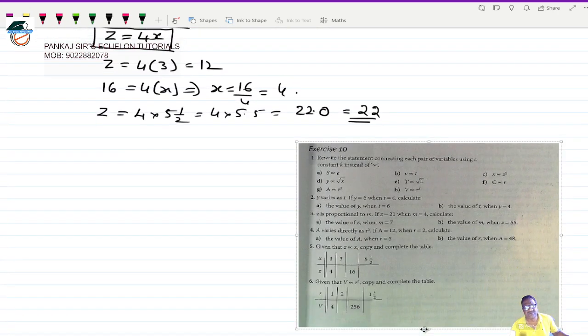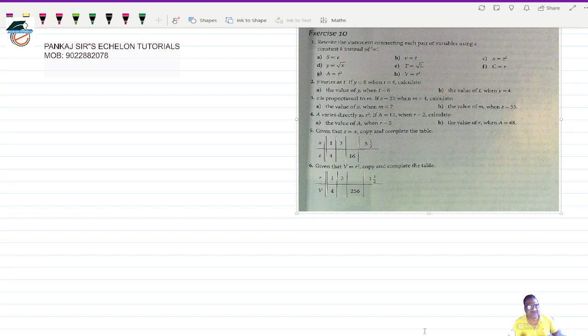Here we go for the sixth question. Now the sixth question is a similar one. It says that given that B is proportional to R cube, you have to copy and complete the table.